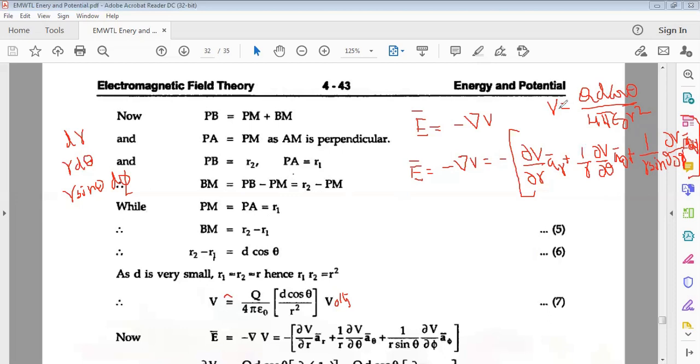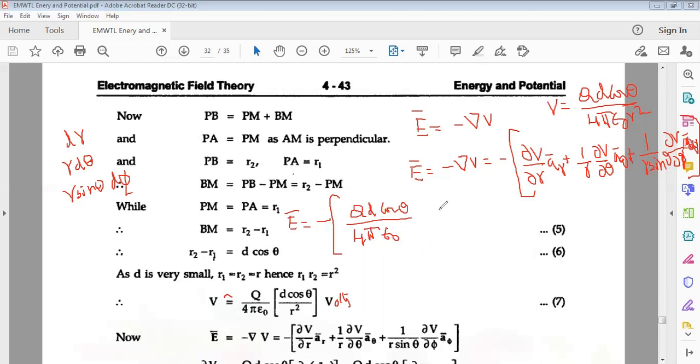Now take V and apply the derivative with respect to R, with respect to theta, and with respect to phi. So E bar is equal to minus of the first term, dou by dou R. The remaining terms Q d cos theta divided by 4 pi epsilon naught are constant, and we apply dou by dou R to 1 by R square.